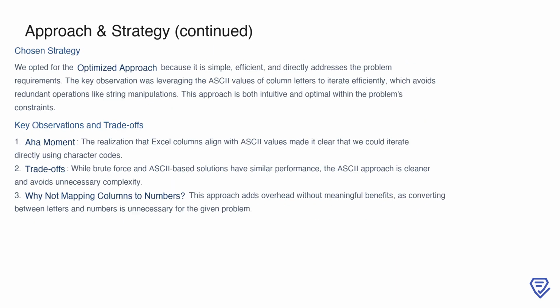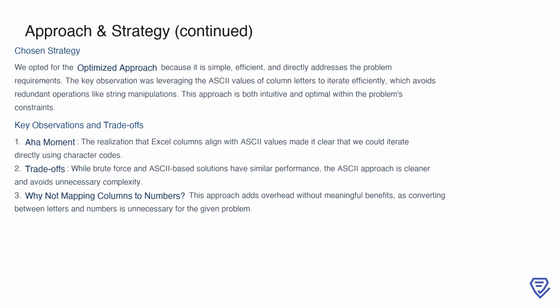After evaluating the options, we chose the optimized approach for its simplicity and efficiency. The key insight was recognizing that column letters align with their ASCII values, allowing us to iterate directly using character codes. This avoids redundant operations, such as converting between letters and numbers or performing string manipulations, making the implementation more streamlined.